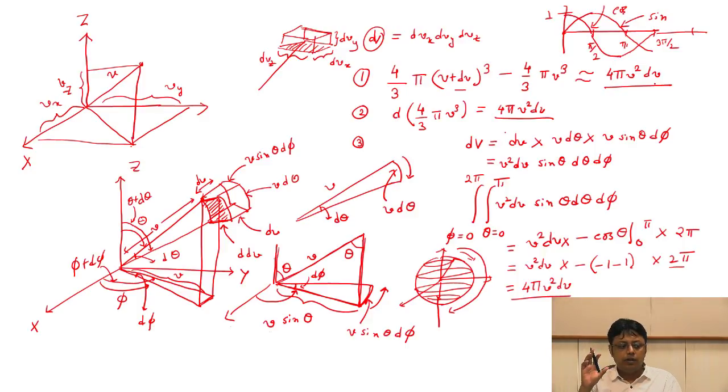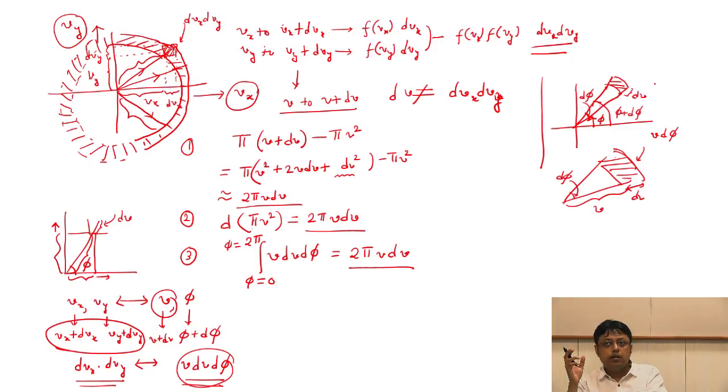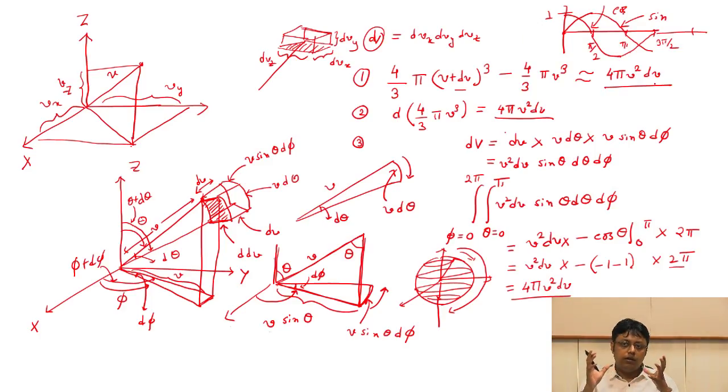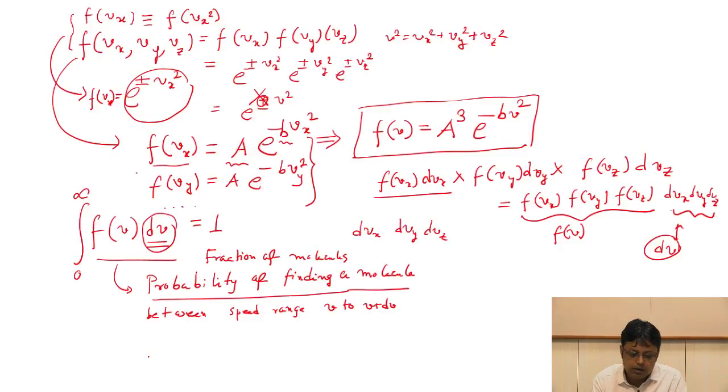So I showed you 3 different methods for calculating the differential volume element, first in 2 dimensions and then in 3 dimensions. And we showed that the 3-dimensional one is the one we need. So we know there is fv, which we already calculated.